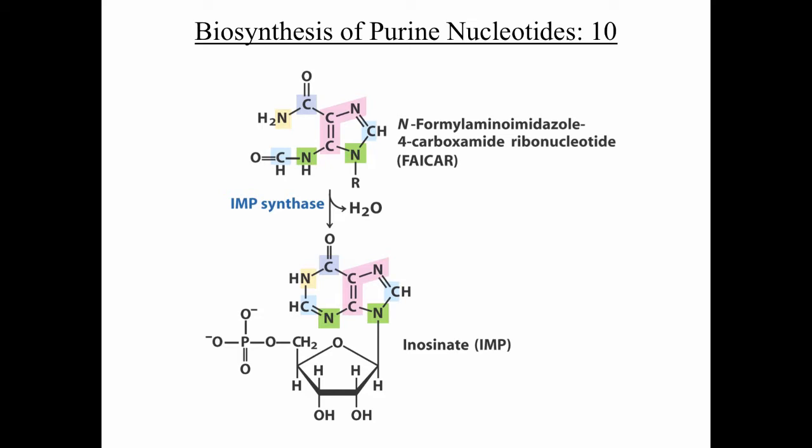Okay, and so in the next reaction, we have another dehydration reaction where a molecule of water is removed, and then we have ring closure, making the completely closed purine ring. This makes an intermediate called IMP, inosinate monophosphate.